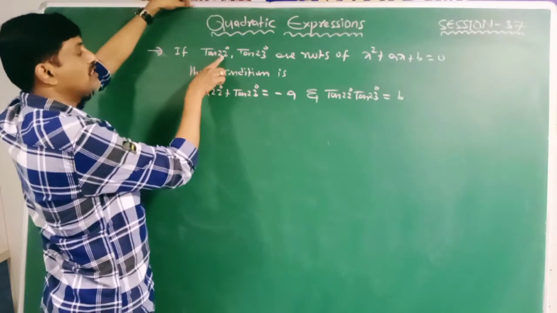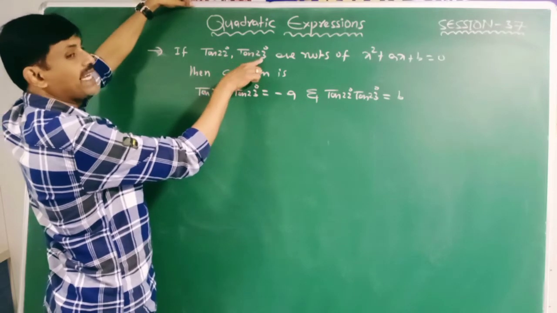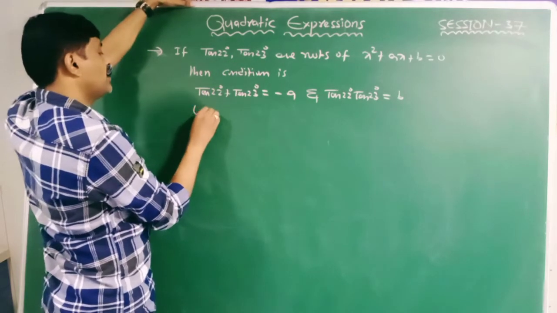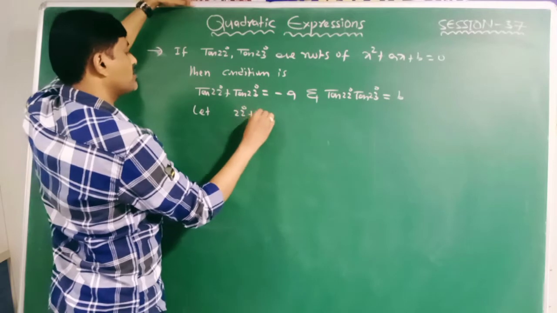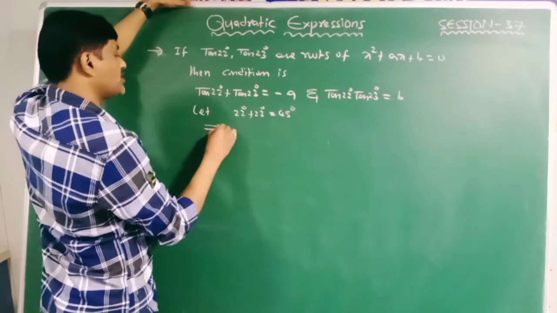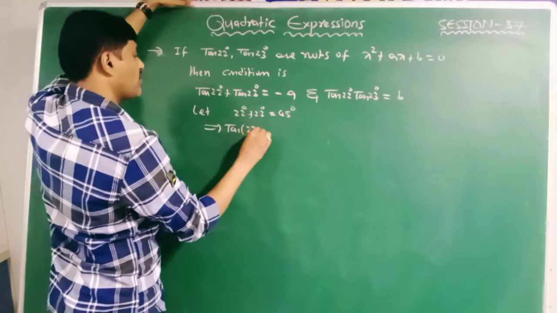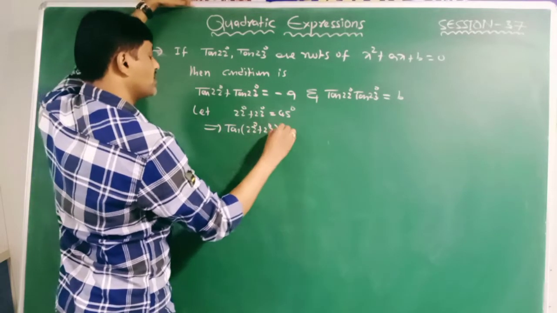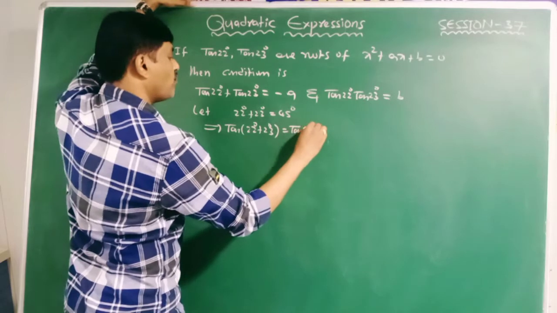Here we have 22 degrees and one more angle, 23 degrees. Let us add them: 22 degrees plus 23 degrees is what? 45 degrees. Apply tan on both sides: tan of 22 plus 23 degrees is equal to tan 45 degrees.